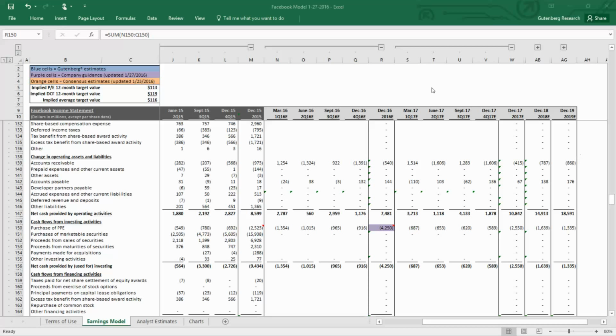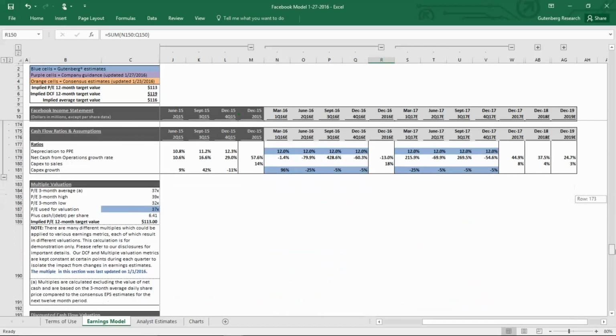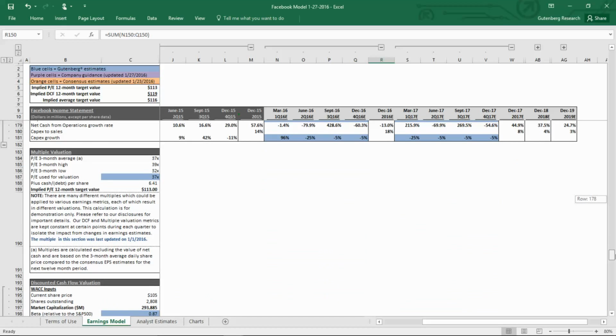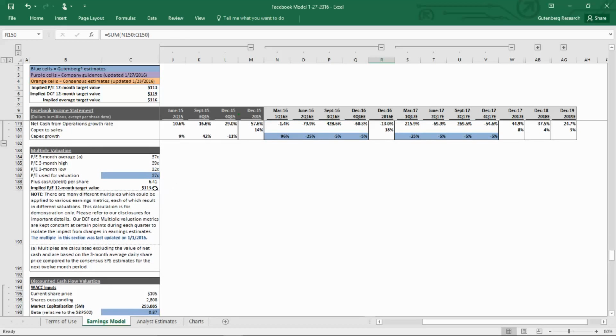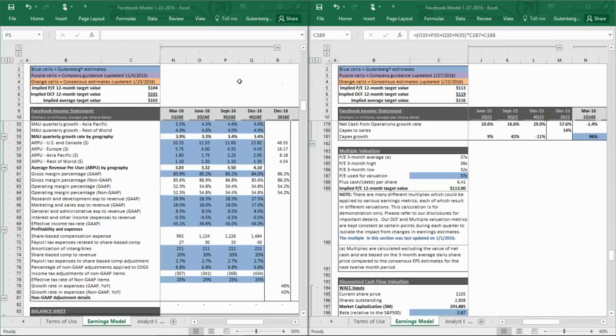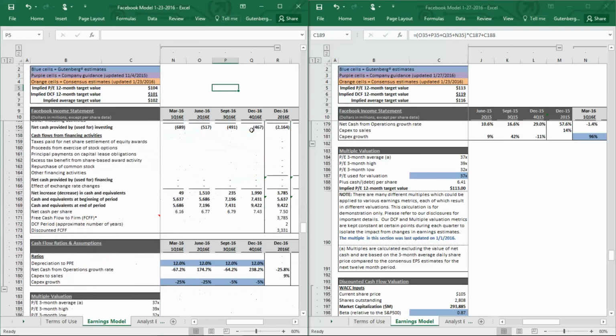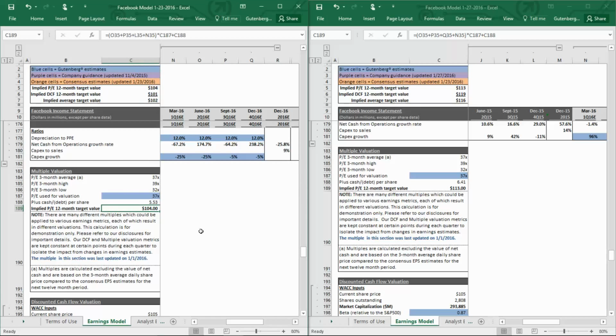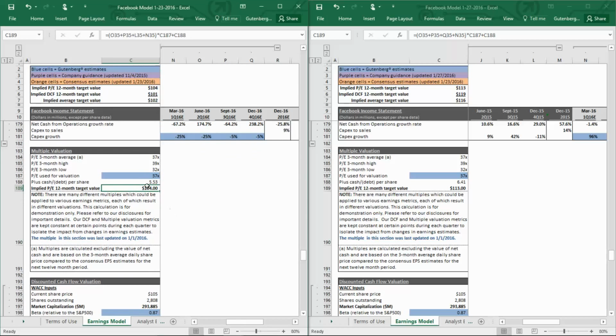So now, after plugging all of those new guided items into our model, we can take a look at the valuation impact. So our market multiple-based valuation moved to $113, and that was from $104 previously. And a portion of that is the increase in net cash balance.